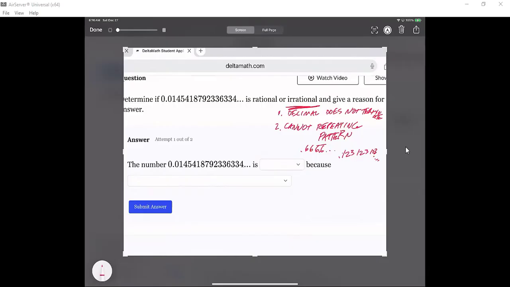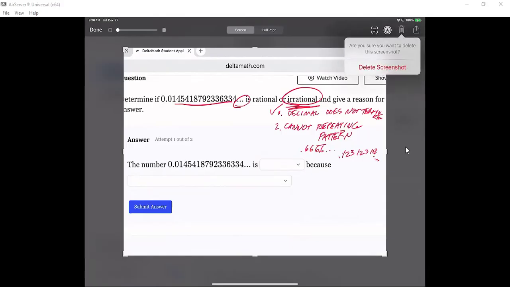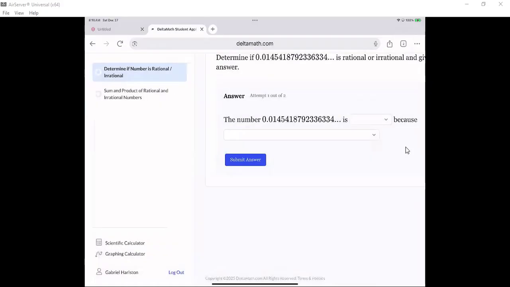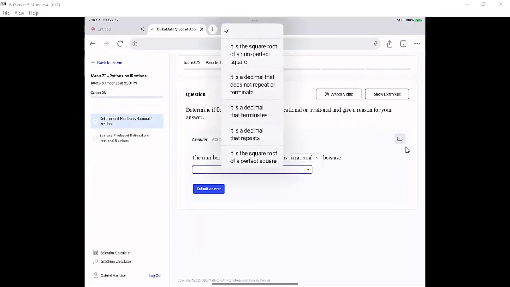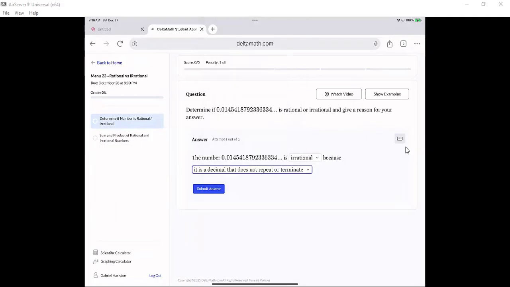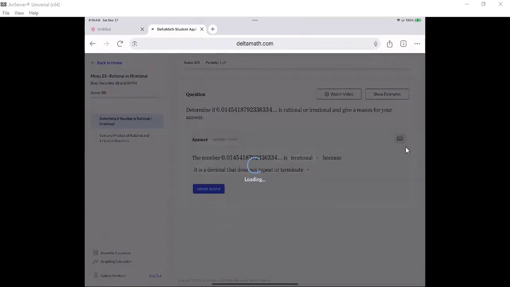So this one goes on forever, so that part is true, and it doesn't have a repeating pattern. So this one is definitely irrational. Let's go ahead and answer this. This is an irrational number because it's a decimal that does not terminate or repeat. And it says nice.